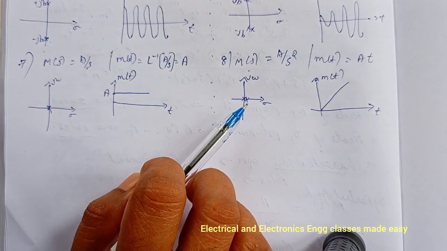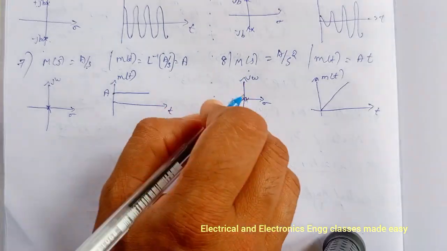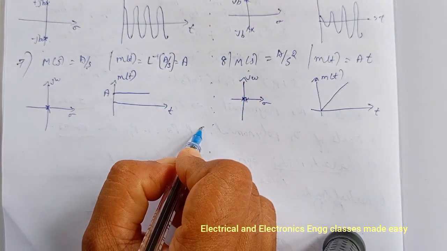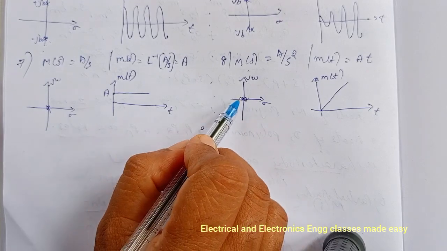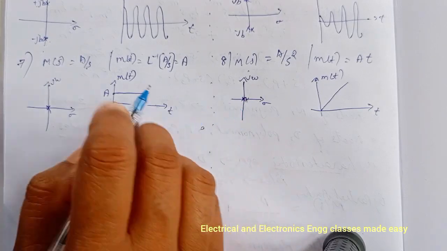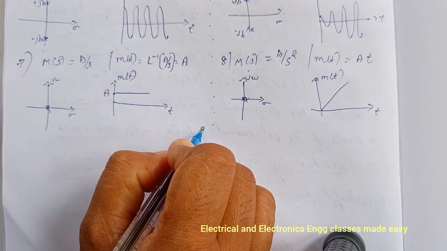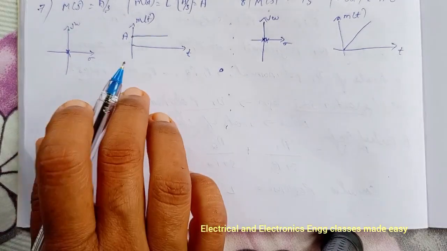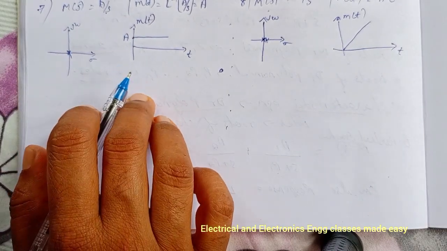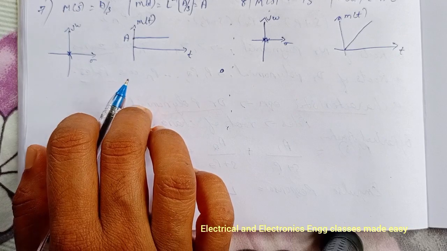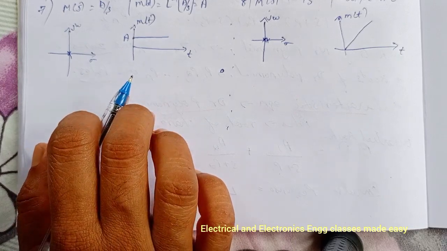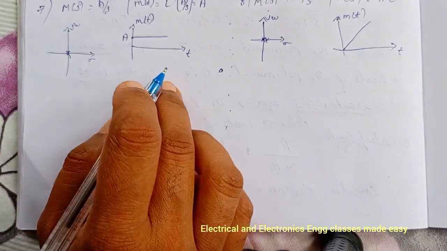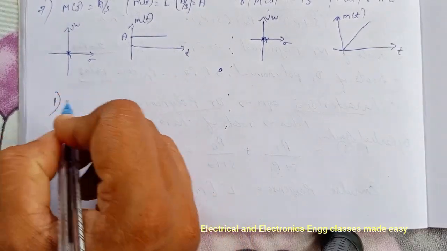And note that poles are denoted by crosses and zeros are denoted by a small 0. And in summary, the stability of the system depending on the location of the roots of the characteristic equation can be written like this.